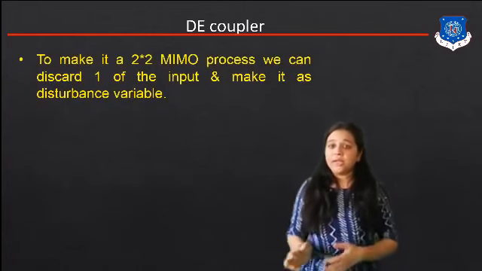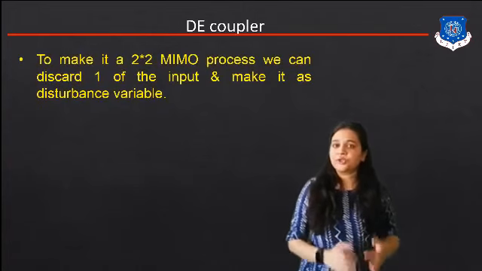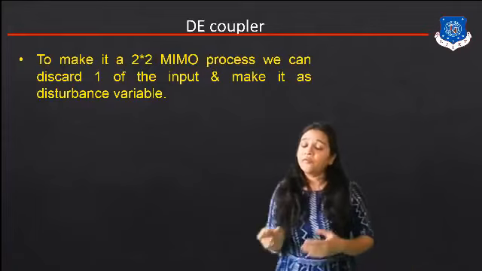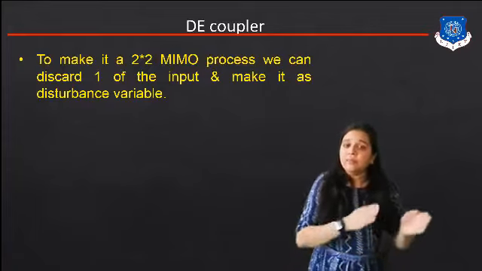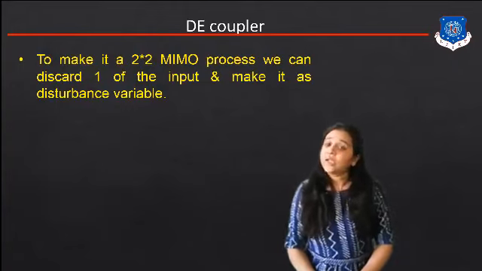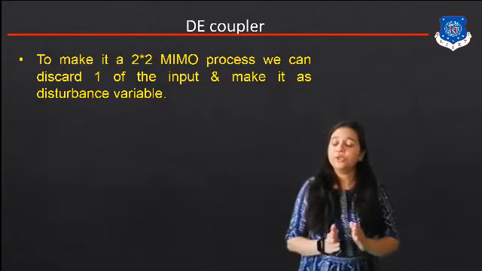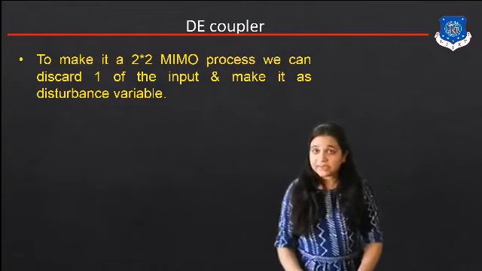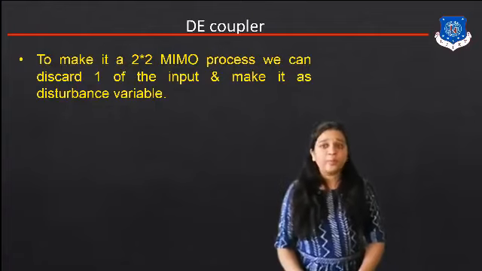Now, to make it a 2 cross 2 MIMO process, we can discard one of the inputs and make it a disturbance variable. Here three inputs are given: u1, u2 and u3. As we studied, there are different types of MIMO process.